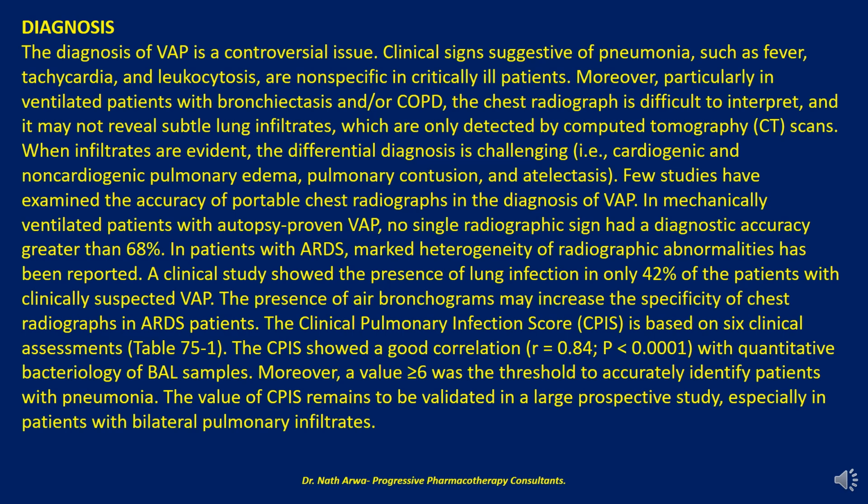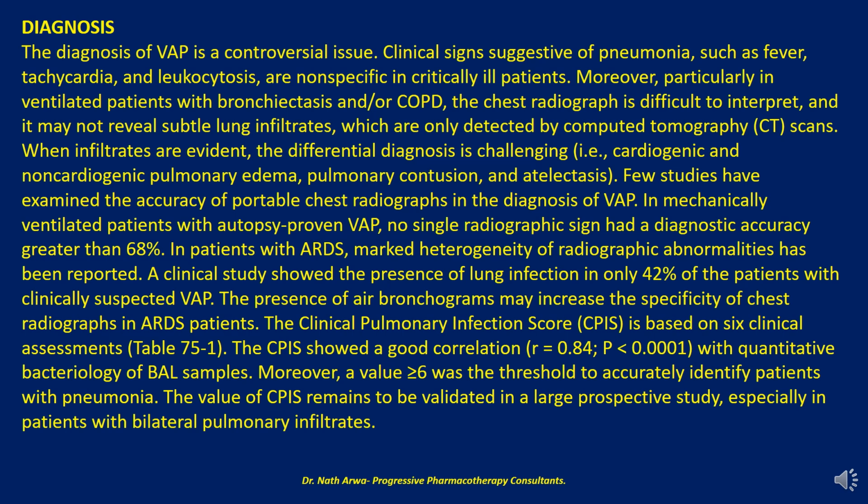The Clinical Pulmonary Infection Score, abbreviated as CPIS, is based on 6 clinical assessments, as shown in Table 75.1. The clinical pulmonary infection score showed a good correlation, R equal to 0.84, with a p-value less than 0.0001, with quantitative bacteriology of BAL samples.